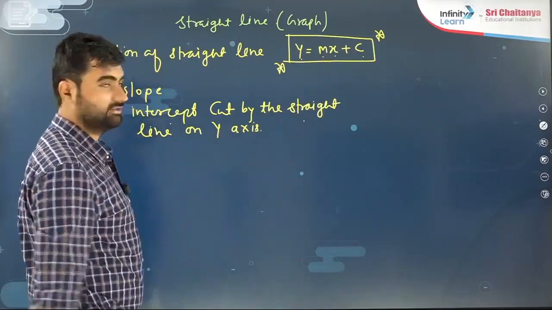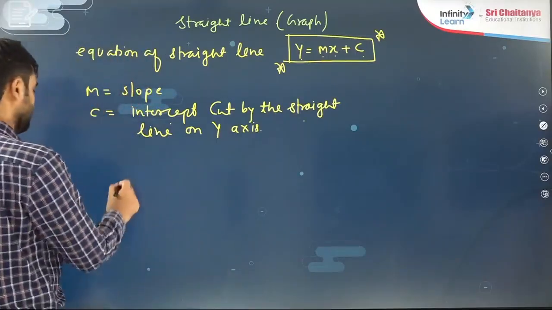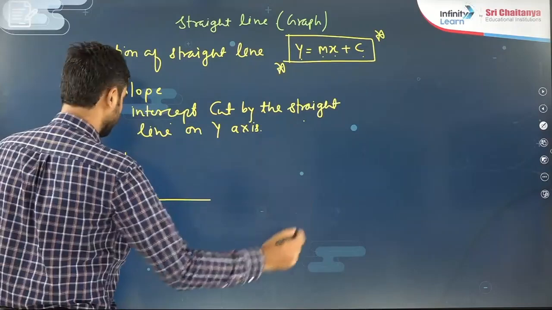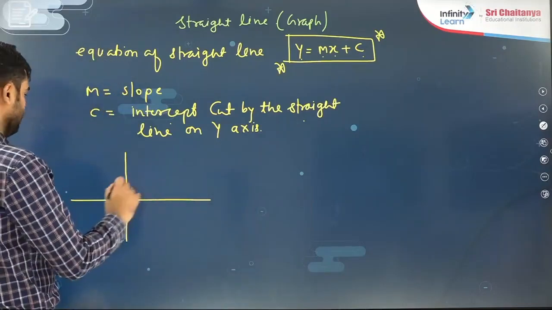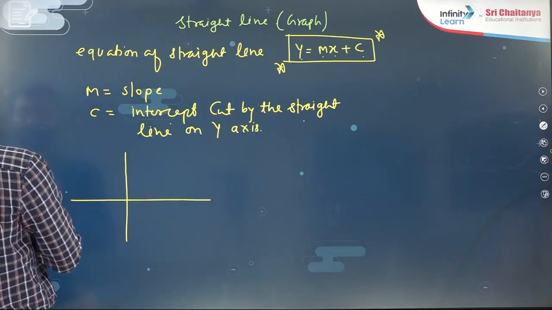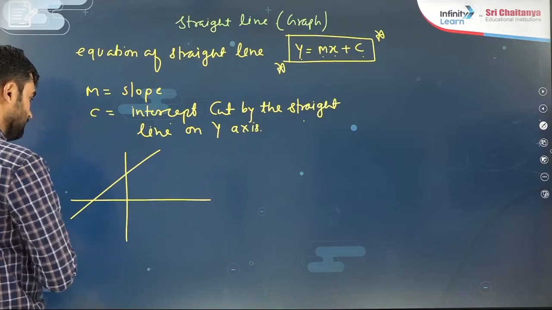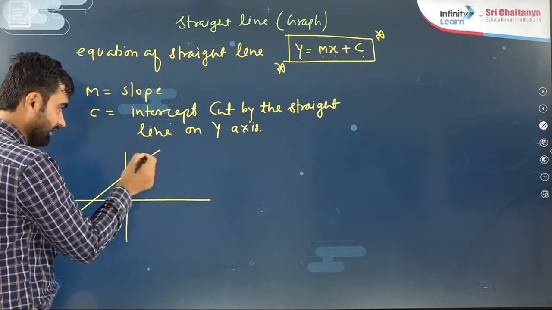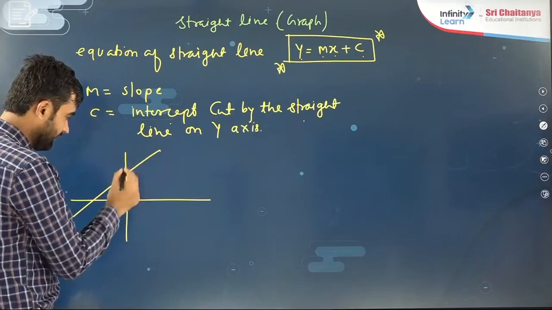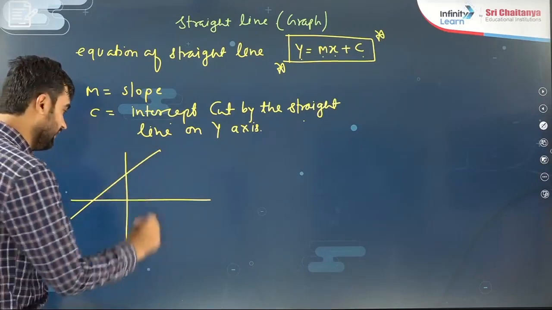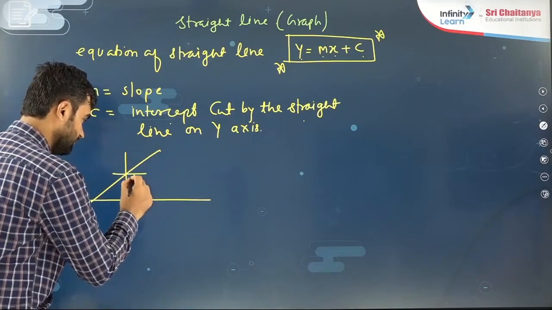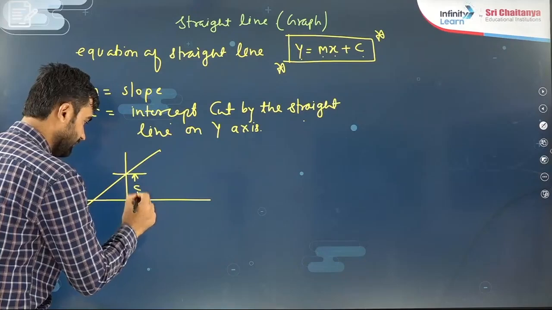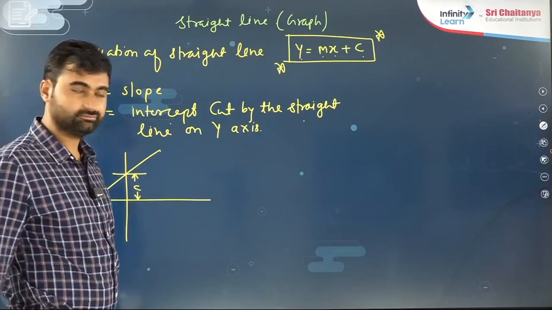Y and X are the coordinates. Suppose this graph is given. By using graph we will understand it. Now what is C here? This is a straight line graph. This straight line is cutting y-axis. How much it is cutting? This much. So this is the value of C. Is it clear?